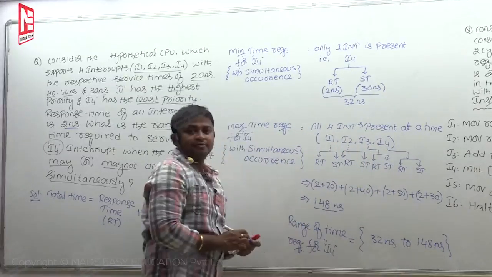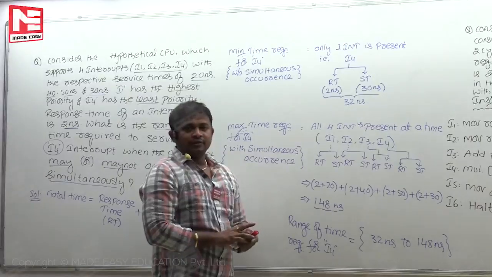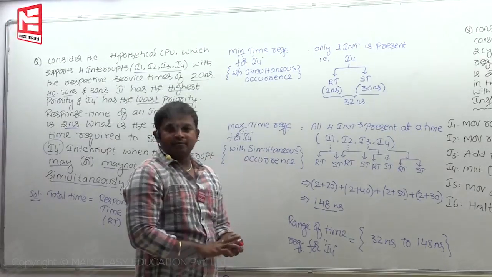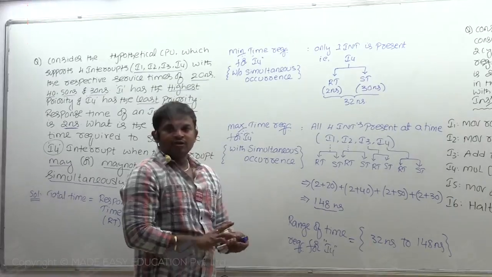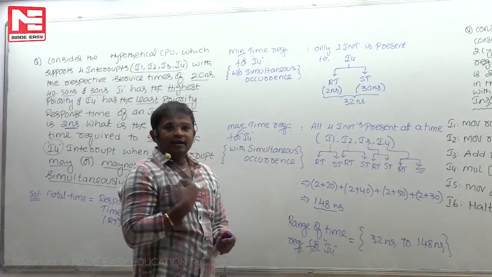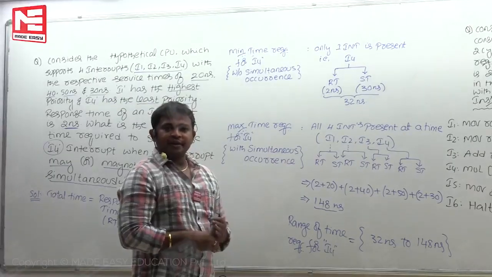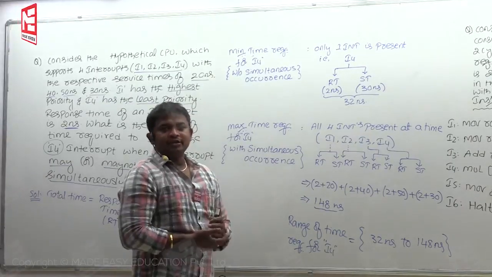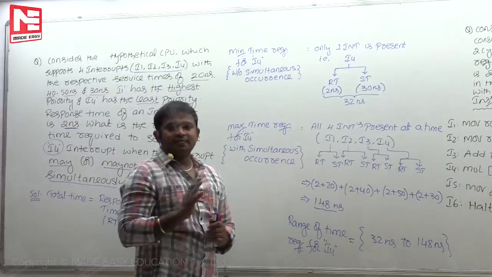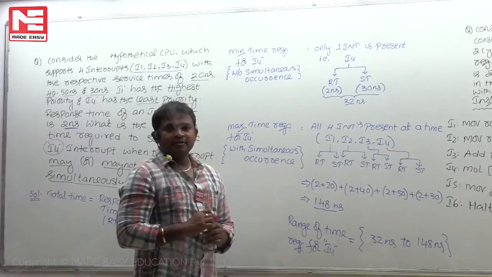So this is the way of solving the question. Right? I hope you understand the question. Range means minimum to maximum. Minimum is possible when the interrupts are occurred without simultaneous, meaning only one interrupt is present at a time, that itself is I4.